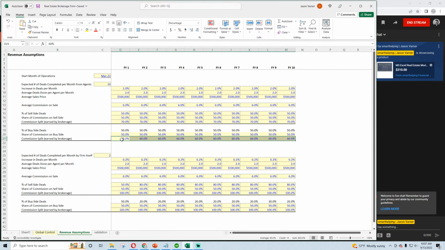Let's say deal type 1, deals per month. It's the first section. So we say if this date equals the start month here, then I want to pull exactly this starting deal count. Otherwise, 0.